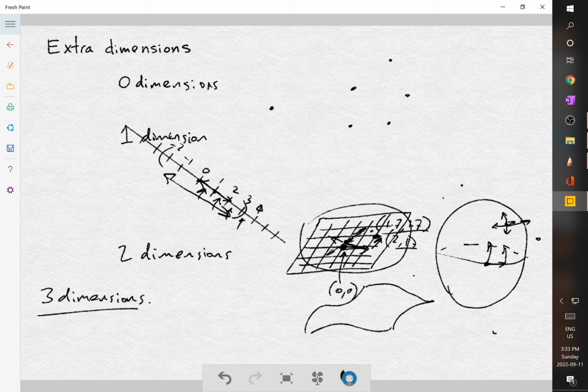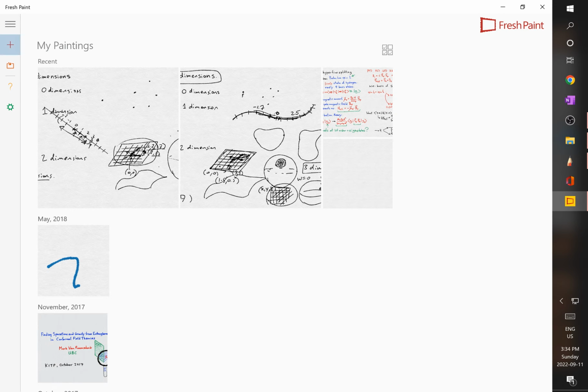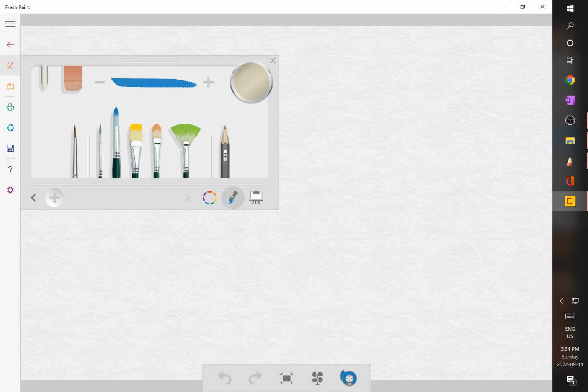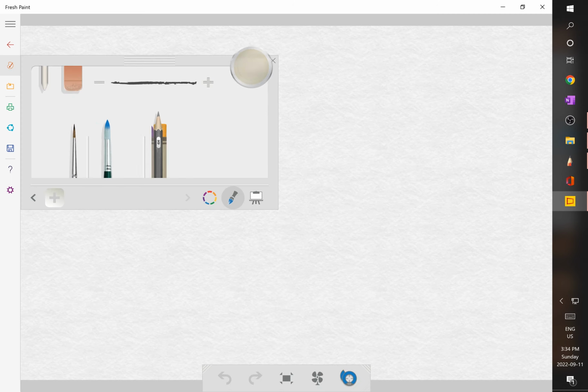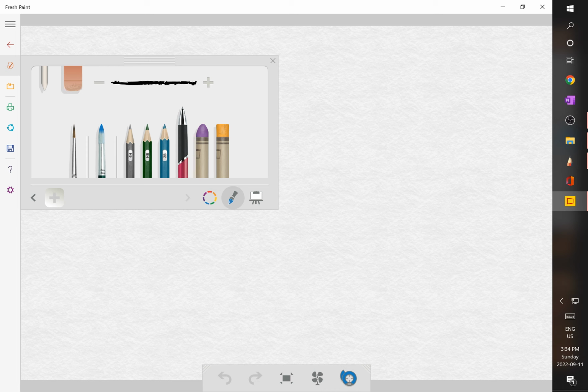So let's get a new canvas here and think about what it would mean to have a space with more than 3 dimensions. So what would it mean to be talking about a 4-dimensional space? So this is difficult for us because it's hard to draw.